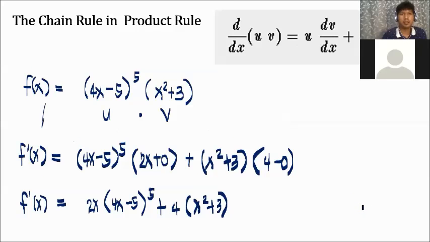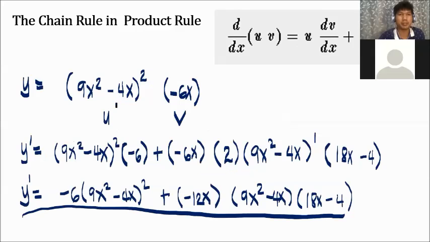Because here in the product rule, for example, this one, this has parentheses and some exponent, so here you need to do the chain rule, isn't it? The same applies with the quotient rule. Basically, when you see a parenthesis with an exponent, you do the chain rule, isn't it?